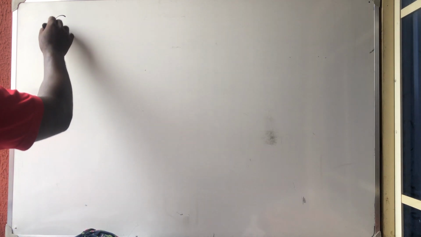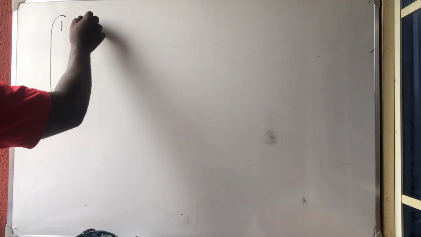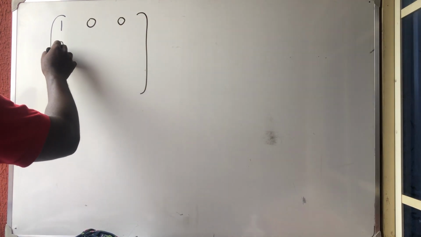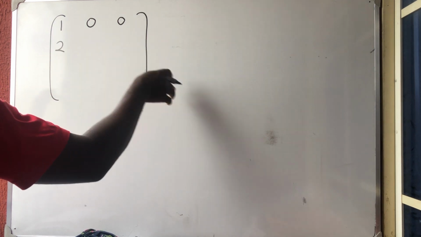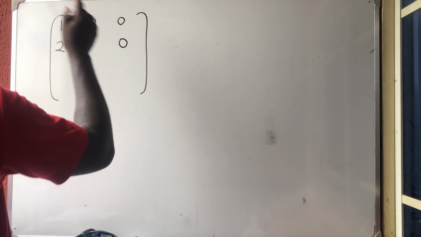So a column reduced echelon matrix is that if you have a matrix like this, in the column, if the entry here is 1, then everything in that row will become 0. Then anything can be here. The next one, going diagonally, should be 1 again, and everything under it will be 0.